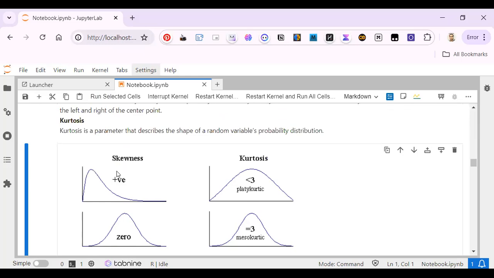So by the skewness number, I am able to tell that these kinds of people are more, these kinds of people are less, these kinds of people are more. Now I'm talking about age, but instead of ages, you can take prices of products. This is lower price, this is higher price.